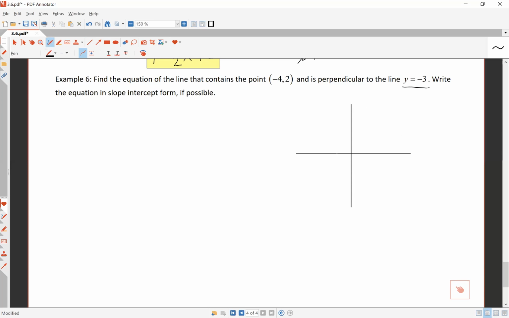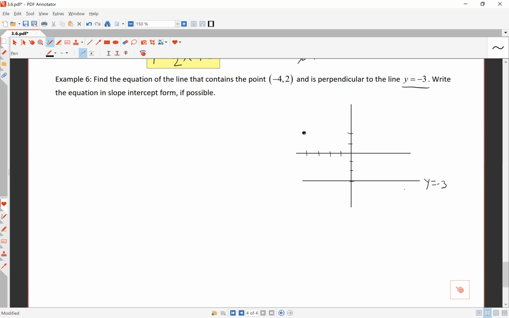We want our line to pass through negative 4, 2, but it has to be perpendicular to y equal to negative 3. There's the graph of y equal negative 3.